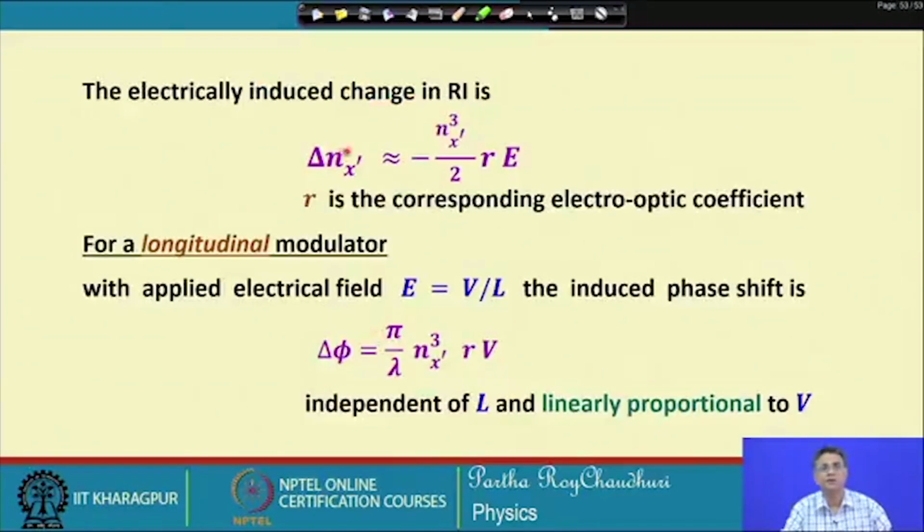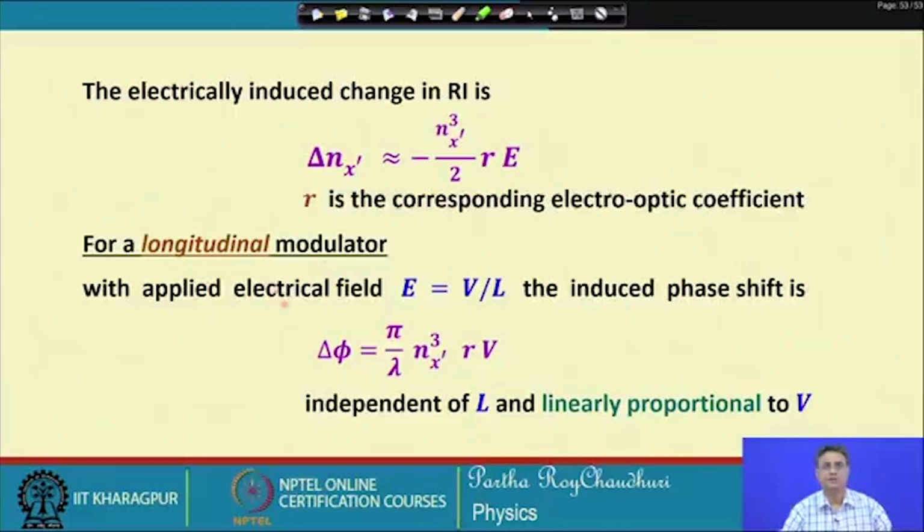The electrically induced change in the refractive index, which I mentioned just now, is delta n x, but originally it was n 0 in the absence of the electric field, plus this will be the new refractive index. So, this is the effect which has come from the external field.